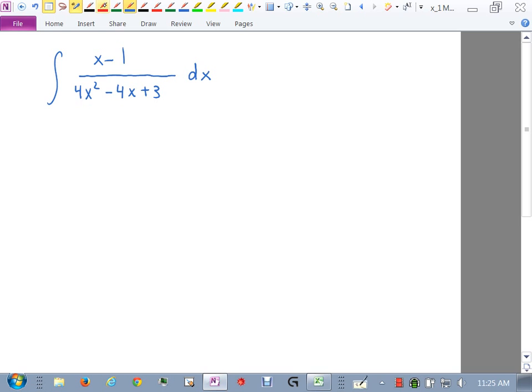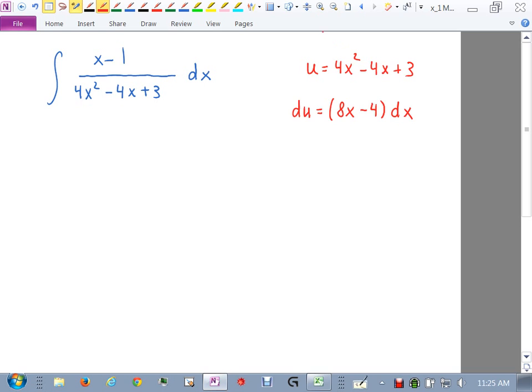So if I make the substitution u is 4x squared minus 4x plus 3, what I would need up top would be 8x minus 4. I do not have 8x minus 4, do I? And I can't do that thing that we did last time, where I added and subtracted that number to try and make it match.